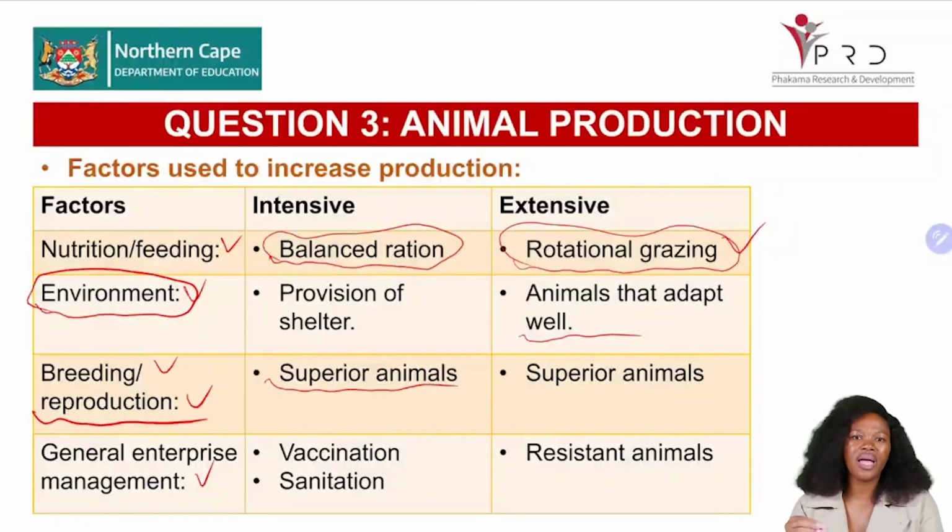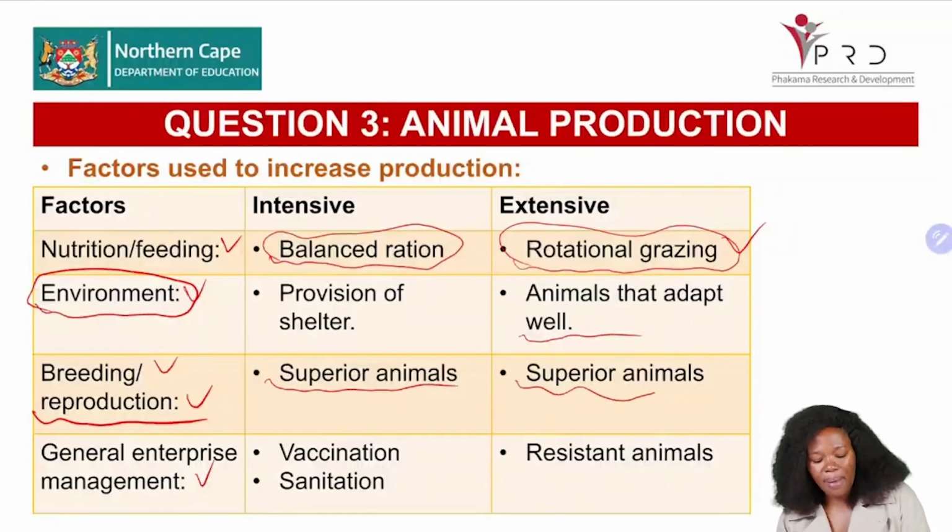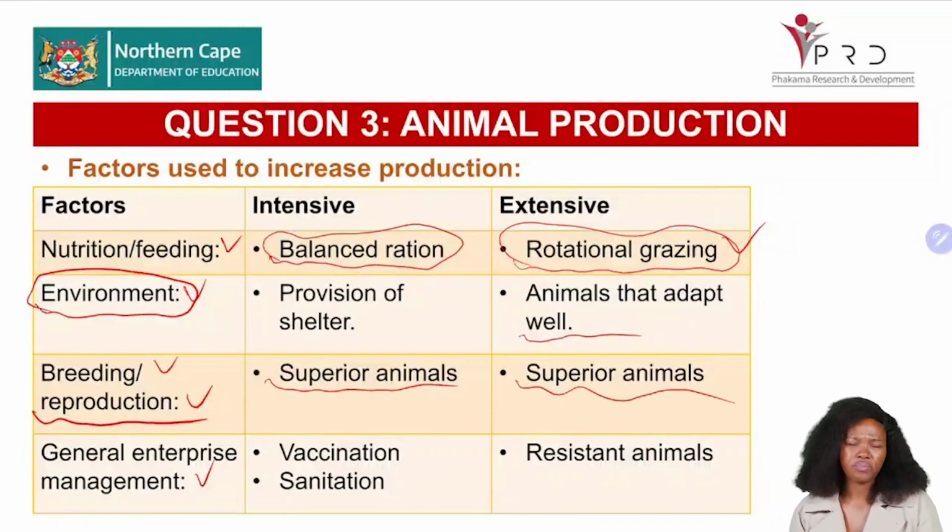Animals that will be resistant to diseases, to adapt well to various environments, or to produce high production. Same thing applies to extensive. We allow animals that are genetically superior to mate, a male and a female, so that it will give rise to more animals that will also be genetically superior.